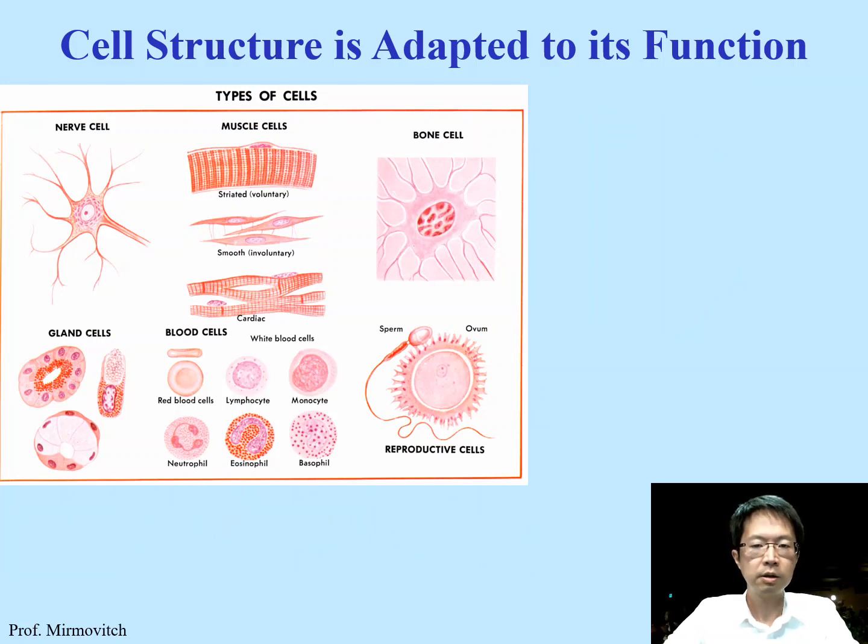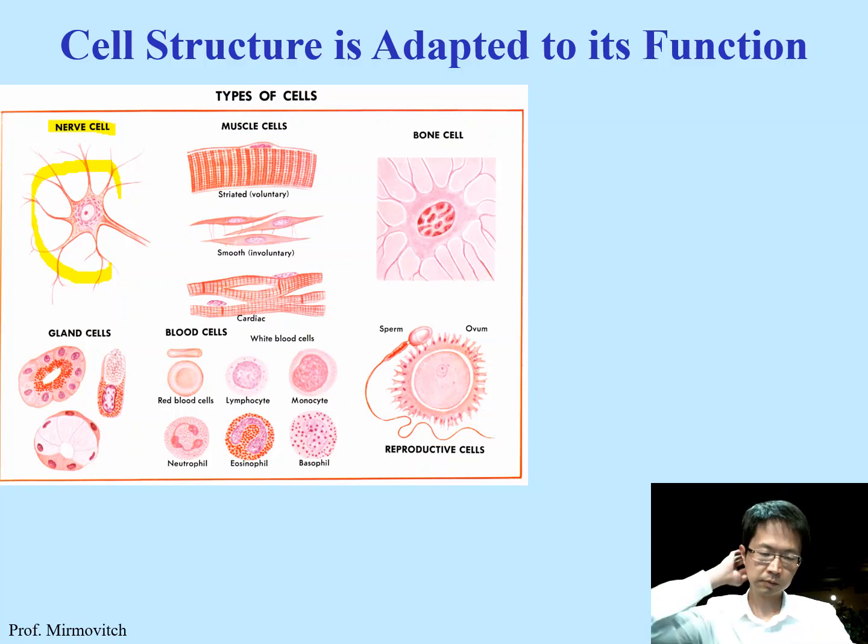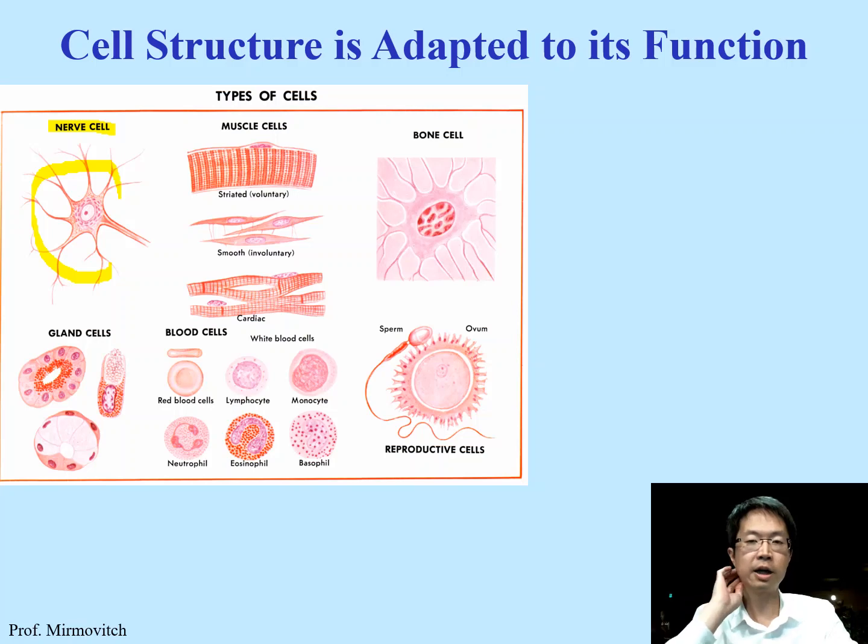Last but not least, structure follows function. This is a very important rule in anatomy. We have different cell types and different shapes of cells. You can see the nerve cell, my favorite, the neuron. You have this, we call this dendrite. The dendrite looks like the branches of a tree. So my question is, how come a tree has extensive branchings? I'll let you think about this for 5 seconds.